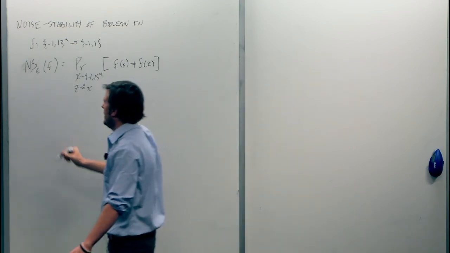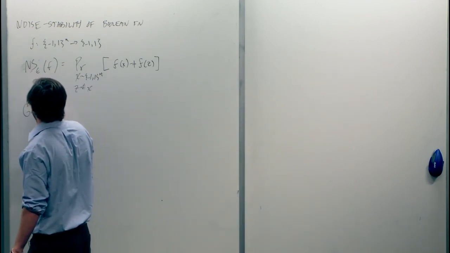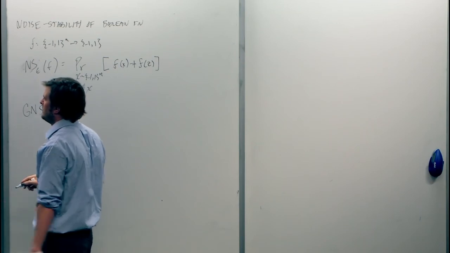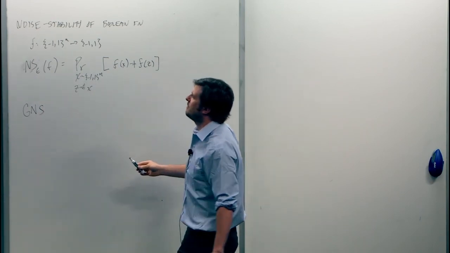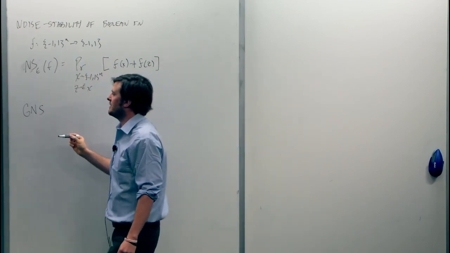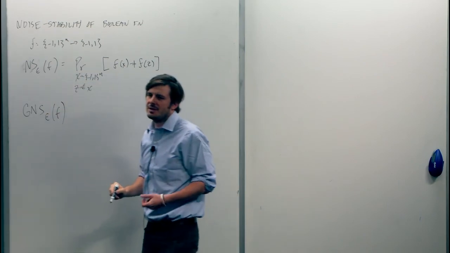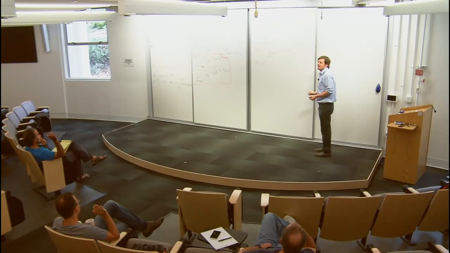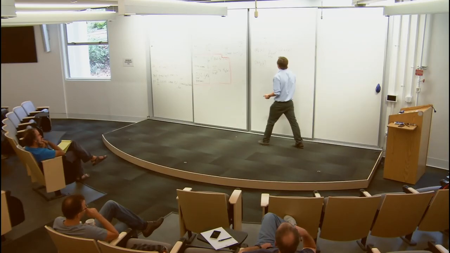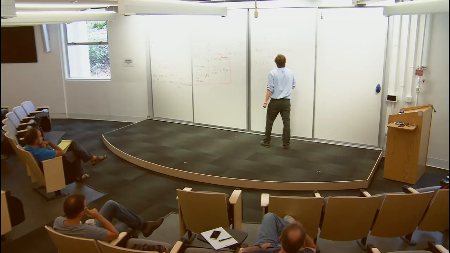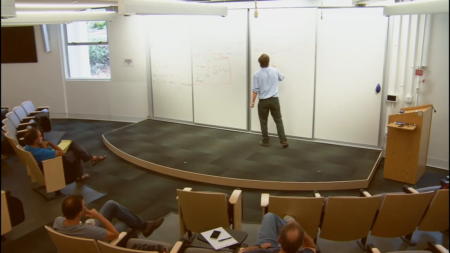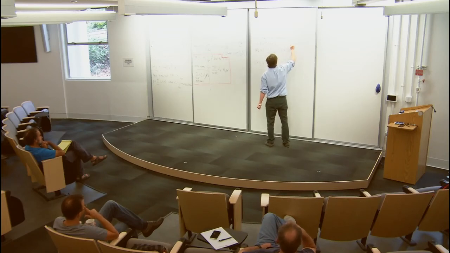Okay. And since we're talking about Gaussian distributions, and I want to cover both cases, uniform over the cube and Gaussian, we can also define the Gaussian noise stability of f. How many people have seen the Gaussian noise stability of f? Okay, slightly fewer. So we'll fix, maybe I'll write g.